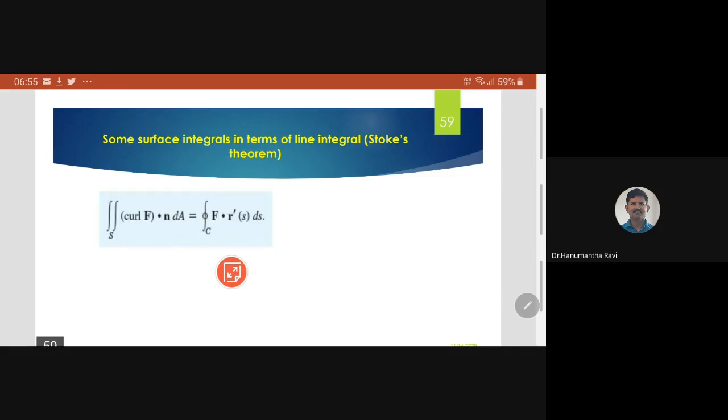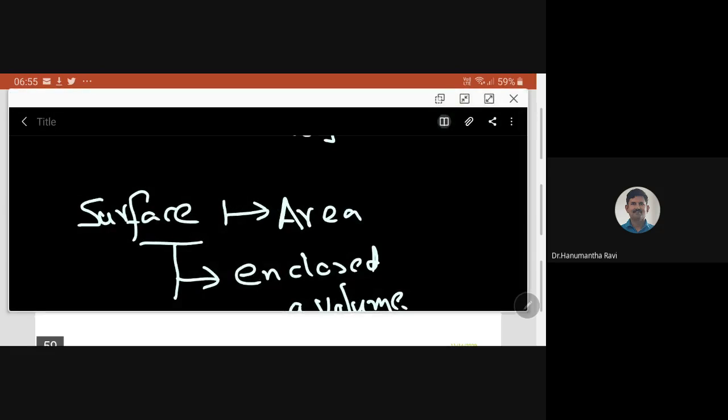And then here R bar is x i bar plus y j bar plus z k bar. Then what is C?